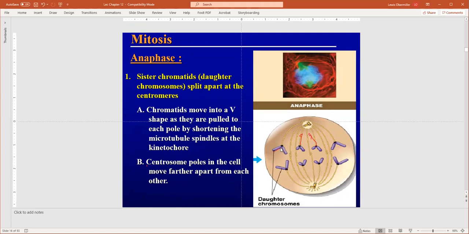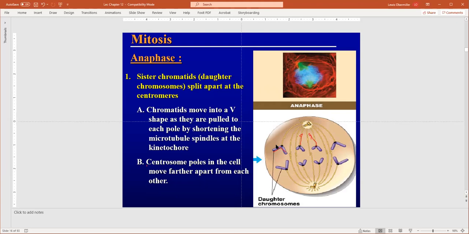They have this characteristic V shape. Imagine if you took a piece of string and held it in the middle and then pulled it through a swimming pool. What shape would that piece of string have? It would make a V shape. So just try it.